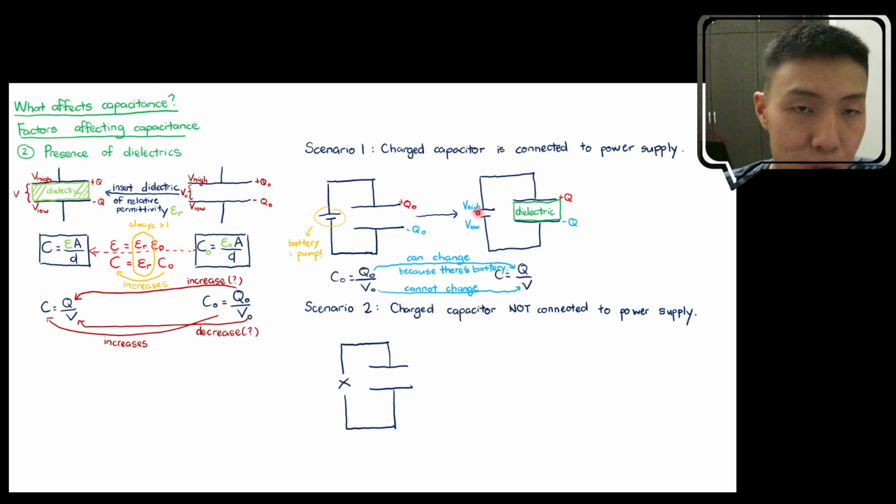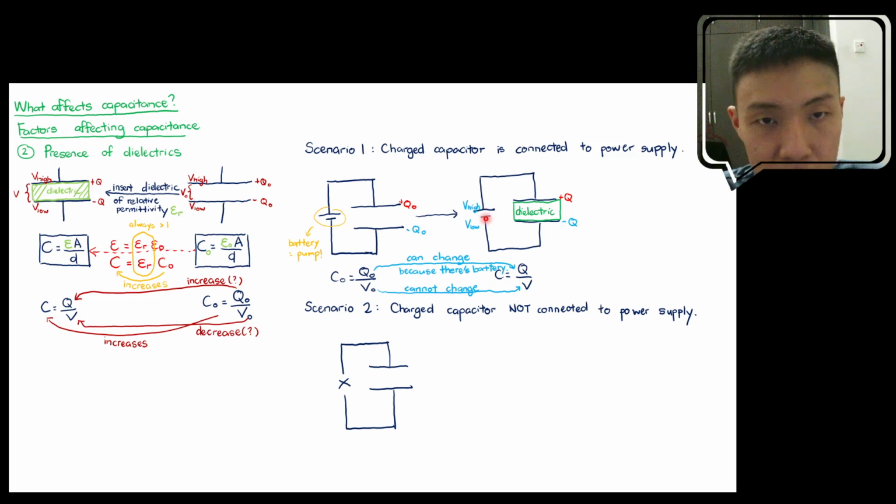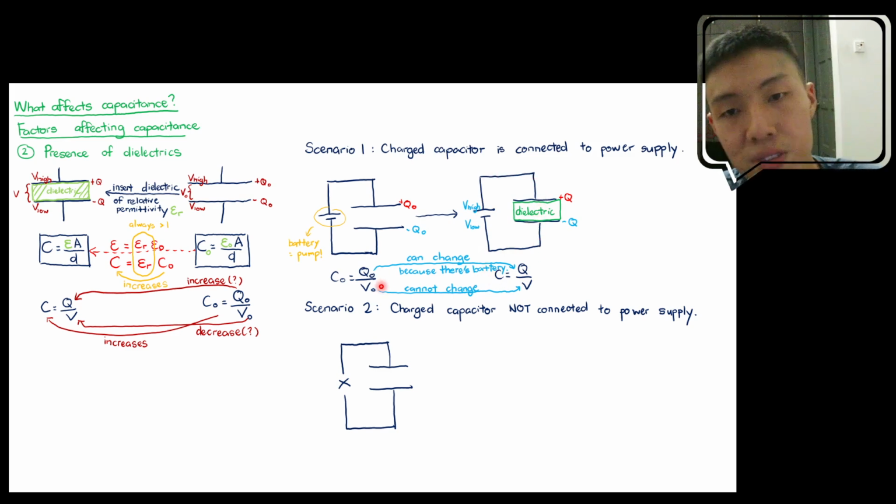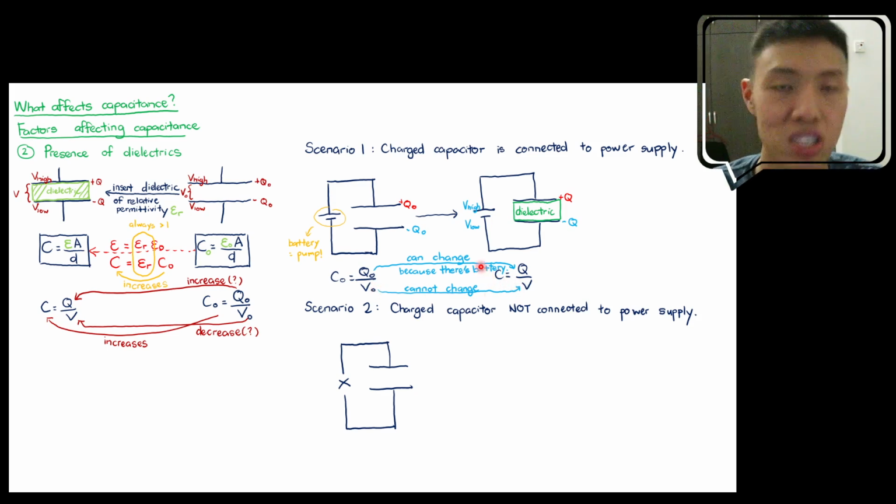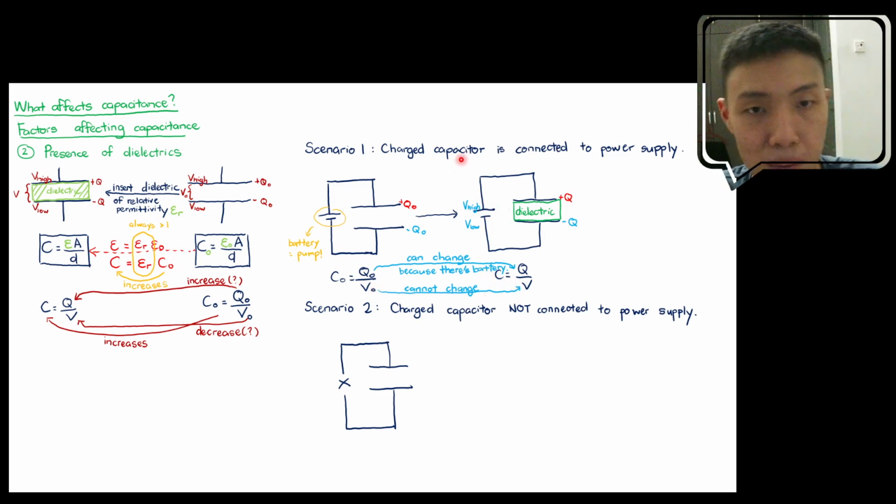That's the ideal 1.5 volt battery. If this one is 0 volt electric potential, then this one will be 1.5 volt. So the upper plate here has to be 1.5 volt, and if this is 0, then this one should be 0 volt. You have to make everything connected to it have the same electric potential. So 1.5 minus 0, you still get 1.5. That's why the potential difference cannot change, because you're still connected to the same power supply.